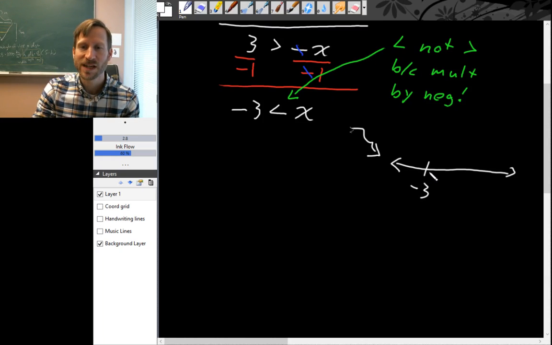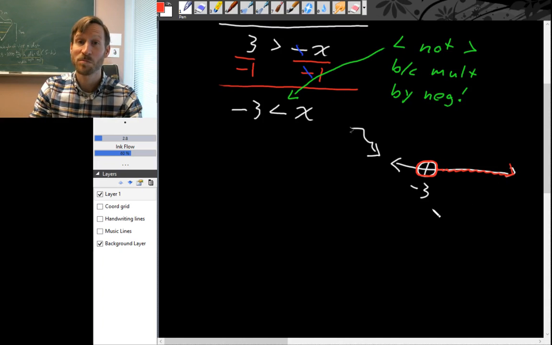The boundary at negative 3 is not included because x can't be equal to negative 3, so we need an open circle or a round bracket. Here, let me switch to a color. So an open circle indicating that negative 3 is not included, and then also everything to the right of negative 3. Okay, so there's a picture of our collection of solutions.